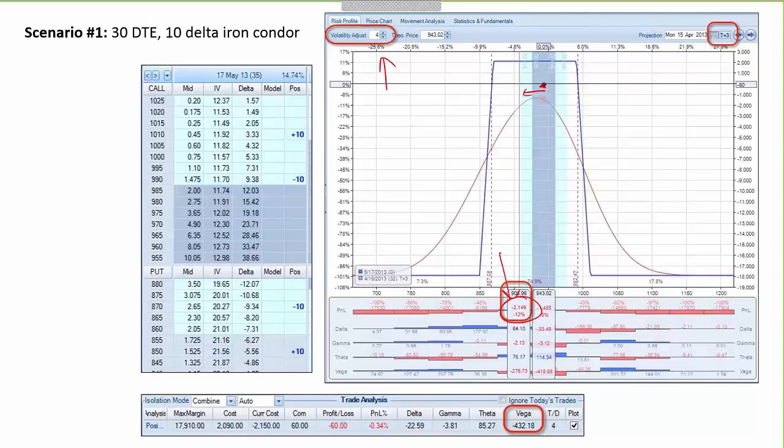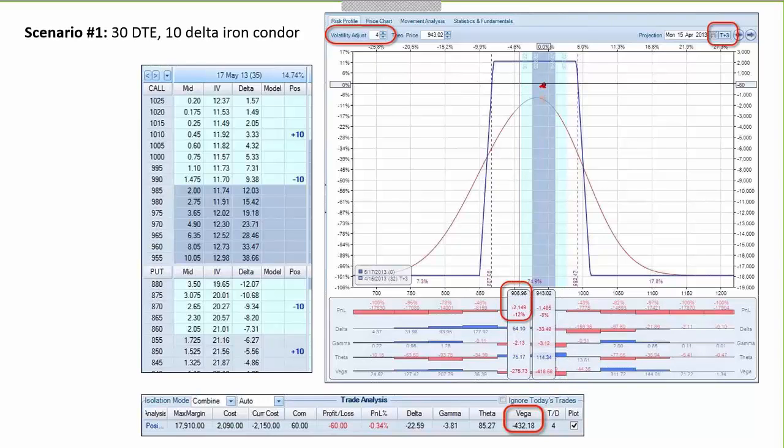Why is that? Because we're negative Vega, pretty big, and IV is going to go in the opposite way of what we expected. We're also getting hurt by delta. But the main point here is the software is saying you are going to be down by 12%.